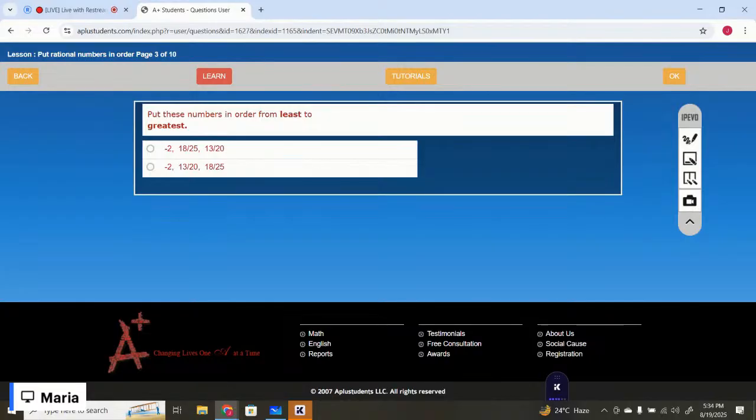Put these numbers in order from least to greatest. So, which is the correct option? Option number 2 is the correct option.